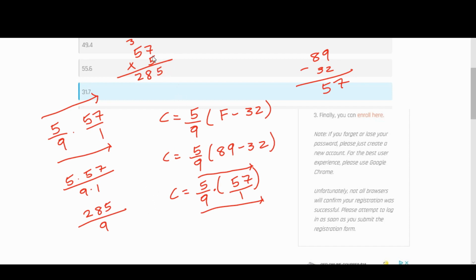Make sure I did that right. 5 times 7 is 35. That's right. 5 times 5. Yep, that's right. So now we're going to do 285 divided by 9.